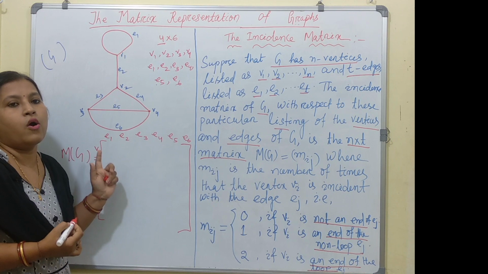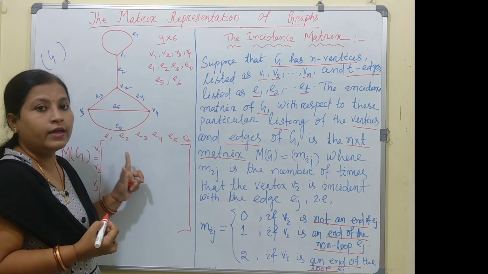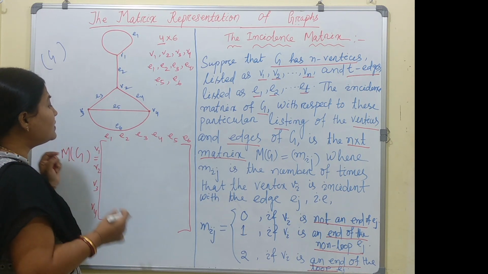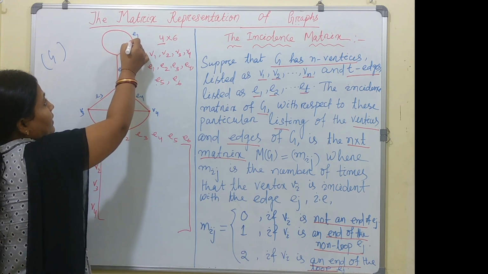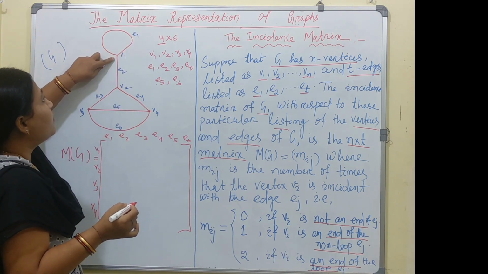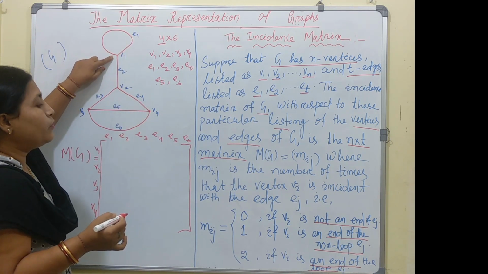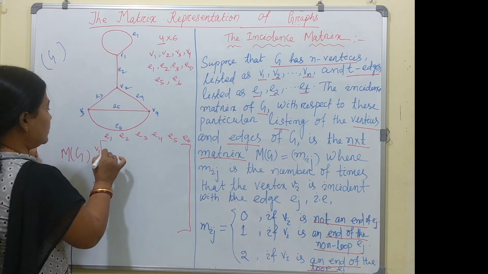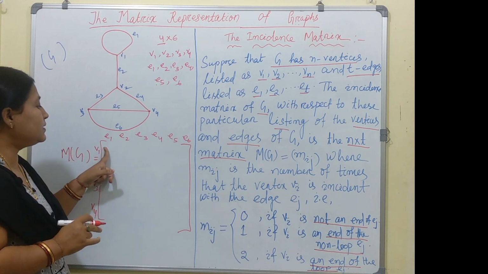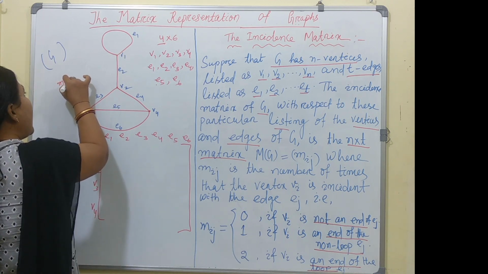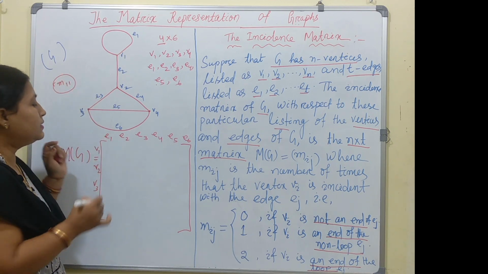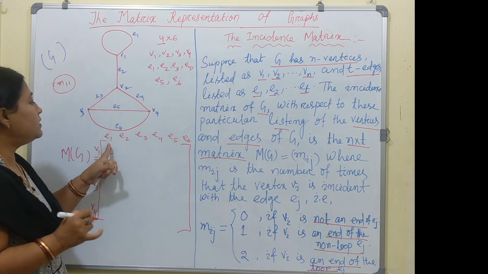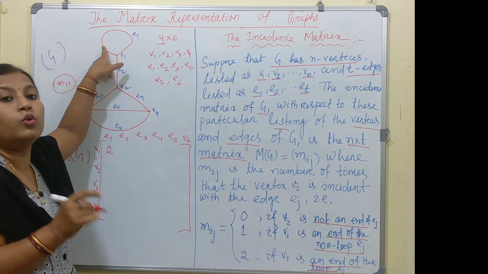Now see, taking the edge E1, E1 is incident with V1, so this is a loop. So the M11 value is 2 because E1 is a loop.